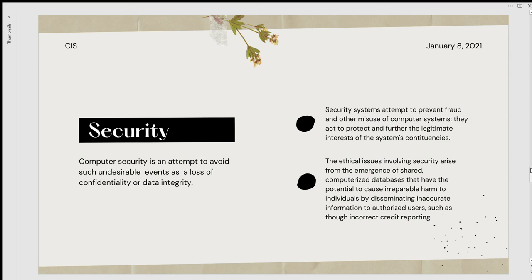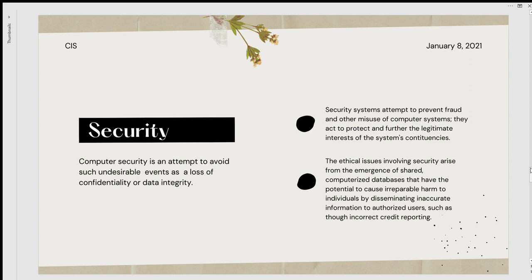Now, what happens to the data ng mga customers tsaka users ng certain apps tsaka website? Ano nga ba yung nangyari sa mga data nila? Well, the possibilities can go on.